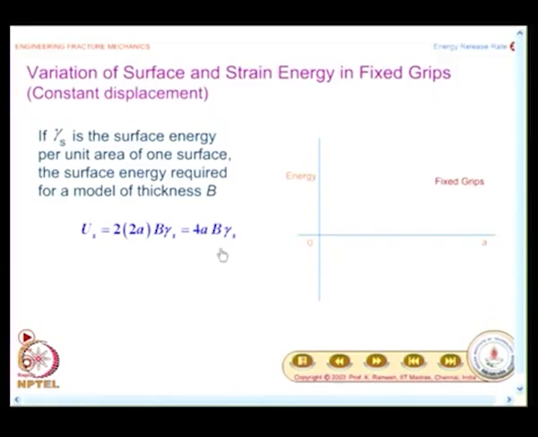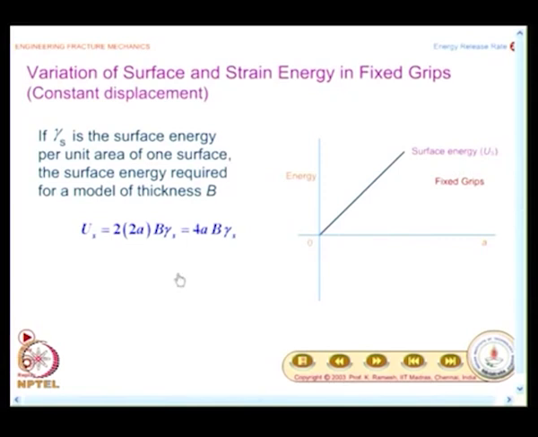and we would try to plot this variation in a graph where the x axis is taken as the length of the crack and y axis is taken as the energy. This would be obviously a straight line, we will plot that. So, I have this as a function of crack length, you find that this is a straight line, this denotes the surface energy.